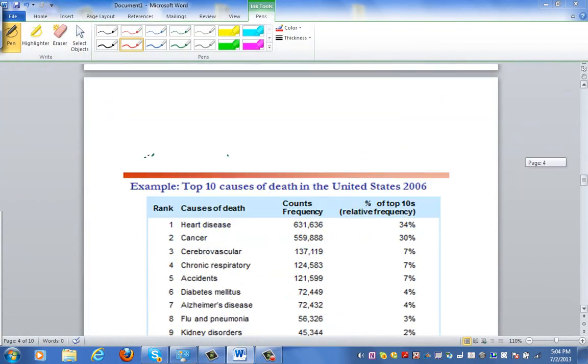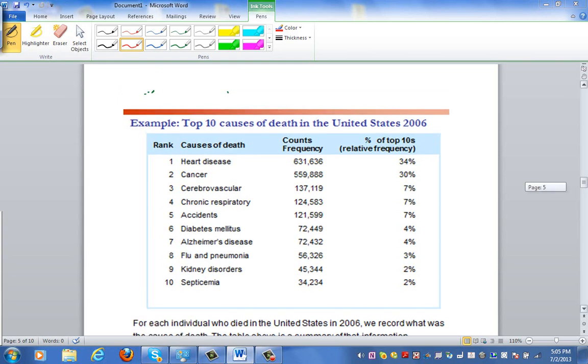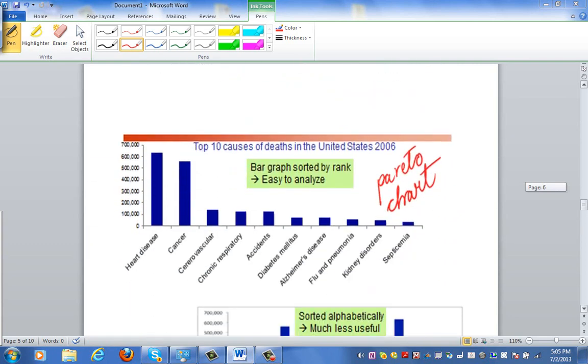Alright, so next I have another example. Let's say you are looking into the top 10 causes of death in the United States in the year 2006, and so the top 10 causes are listed here, and whatever sample you pick, you found out the frequency for each of the 10 categories, and then you computed the percent relative frequency for each of the categories, and then of course we can make a bar graph for this data, which will look like this.